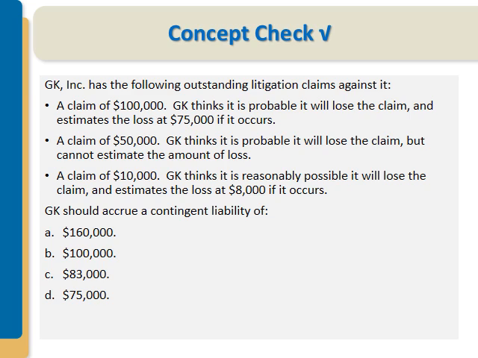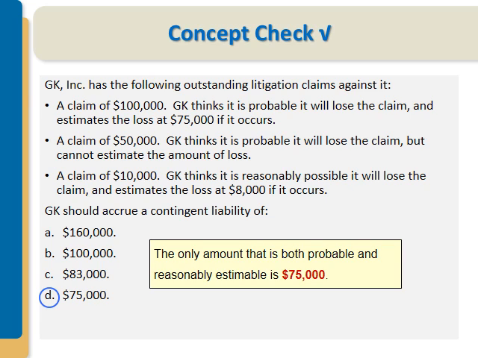A claim of $10,000: GK thinks it is reasonably possible to lose the claim and estimates the loss at $8,000 if it occurs. GK should accrue a contingent liability of only the amount that is both probable and reasonably estimable, and that is $75,000.